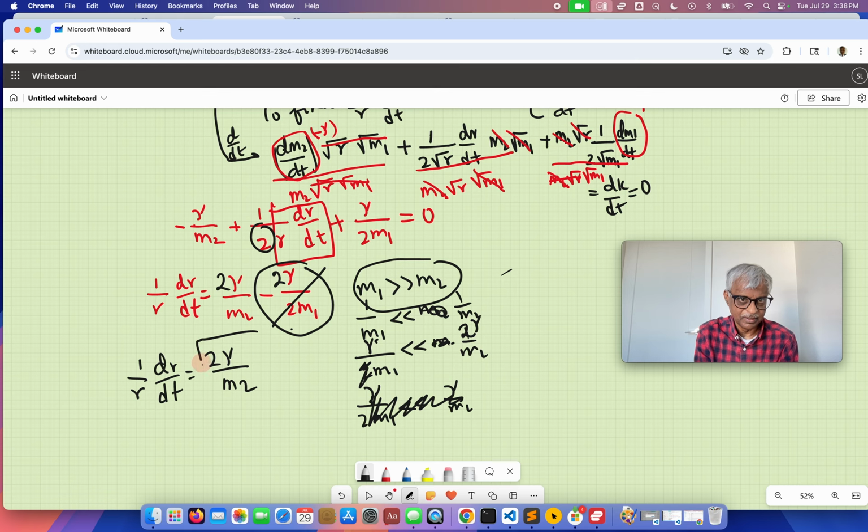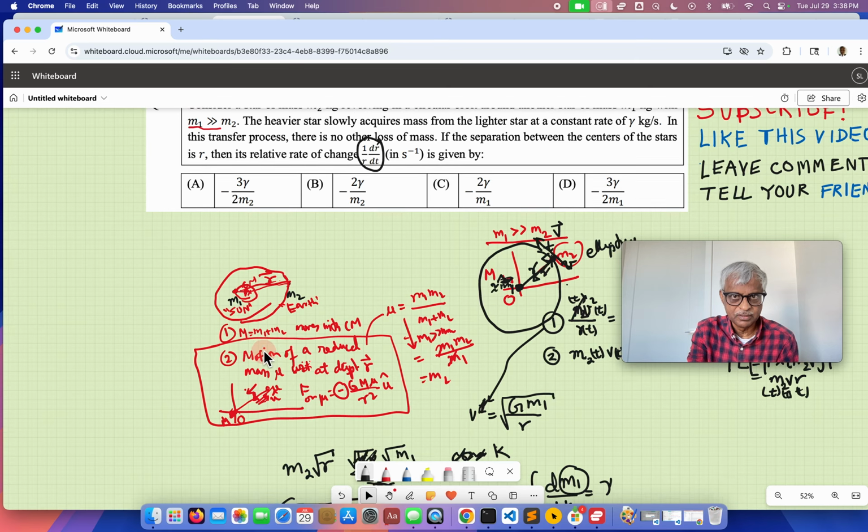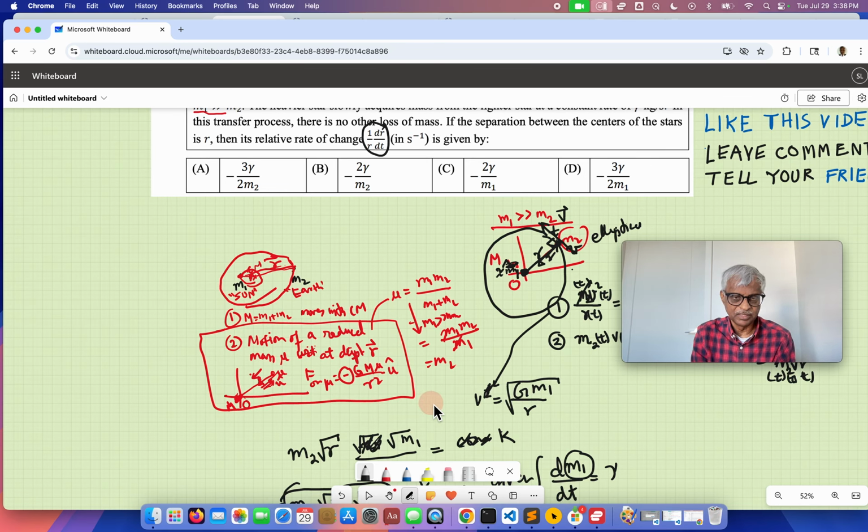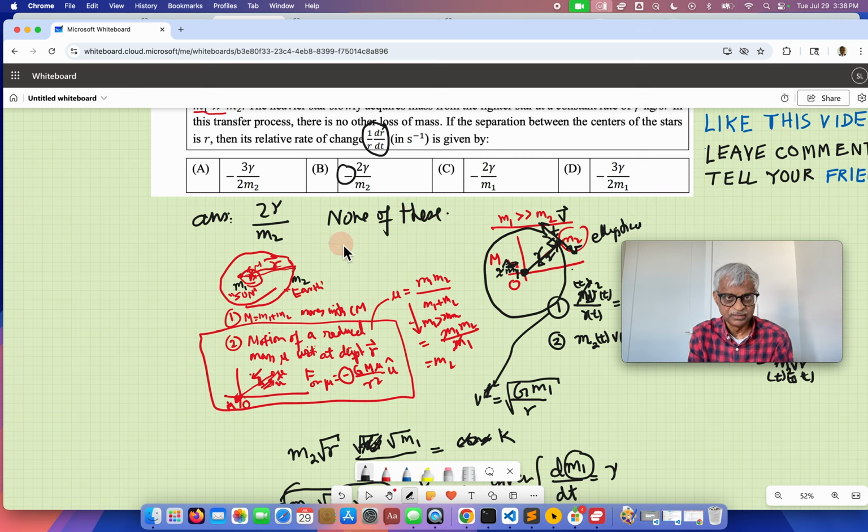So that's the answer. Now, do we have an answer here? Our answer is 2 gamma over m2. They're all minus, so first we have an answer plus. If this was a plus, this would have been the answer. So none of these. Okay, so the choice none is correct.